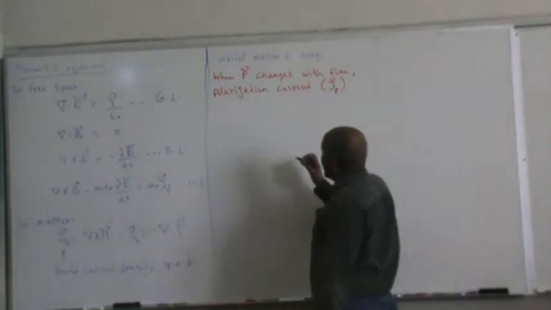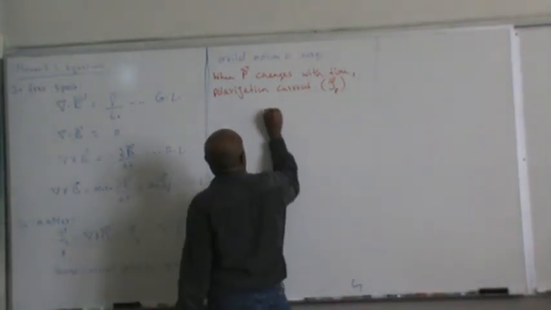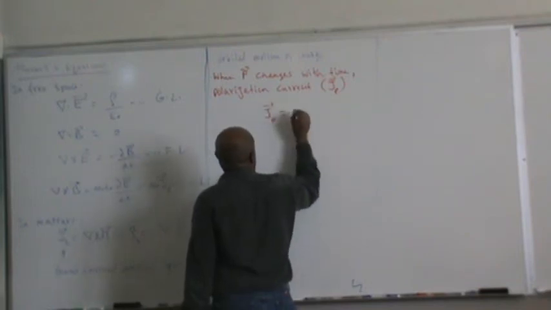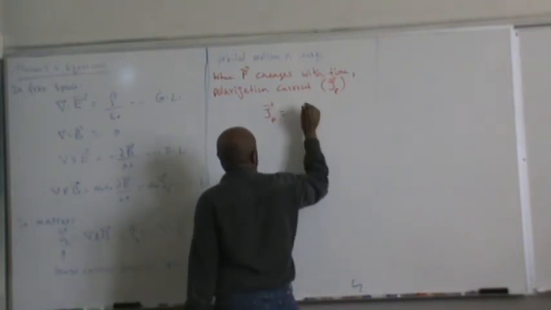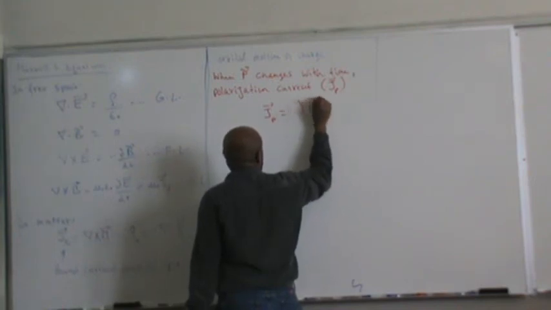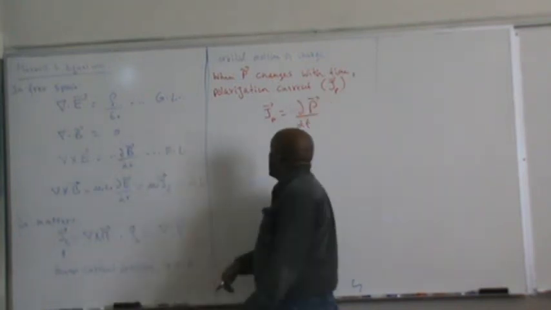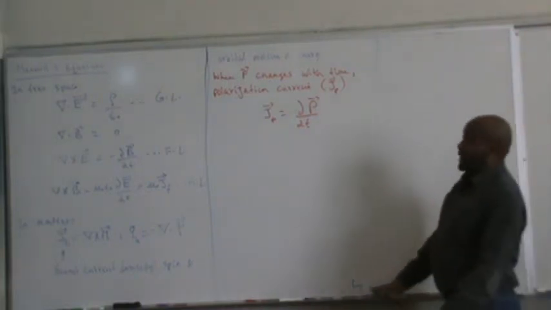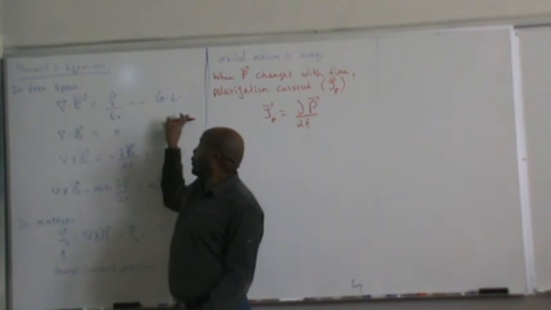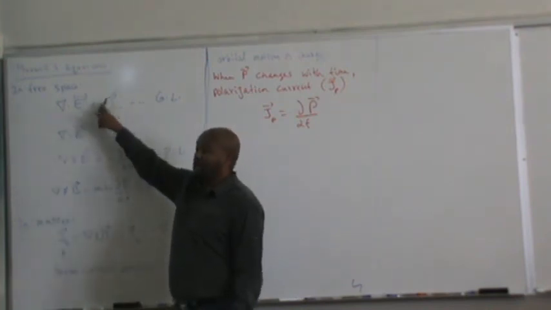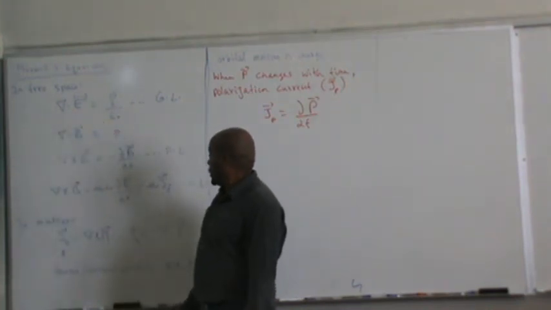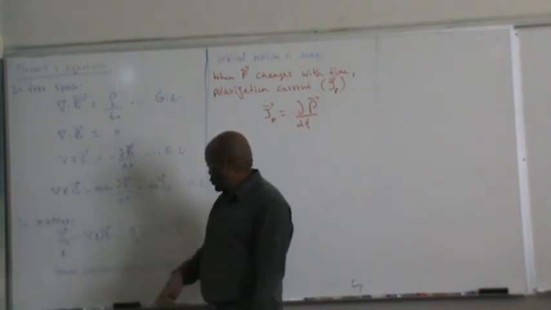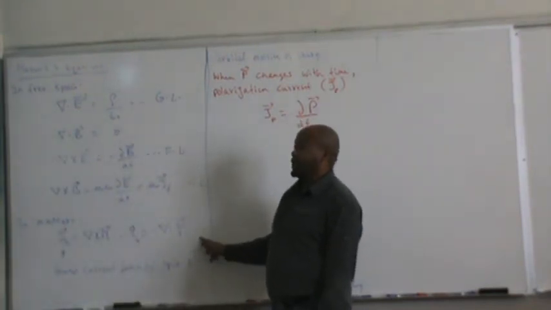And this current is related to the polarization. JP is just the time derivative of the polarization P. So now in matter, when we talk about Maxwell's equations, for example Gauss's law, the charge should include not only the free charge, but also the bound charge density.